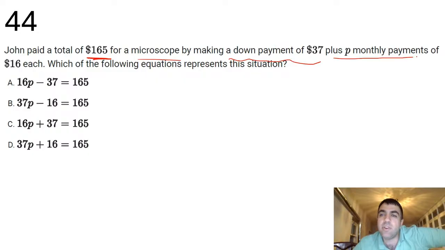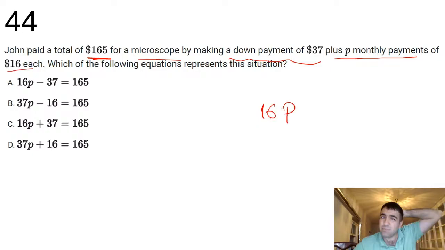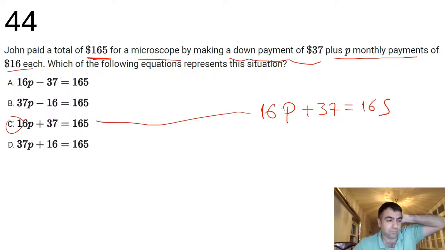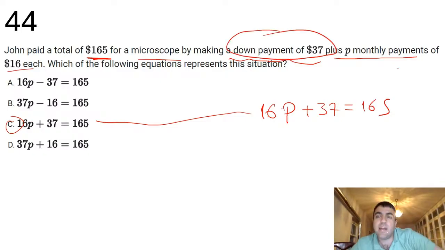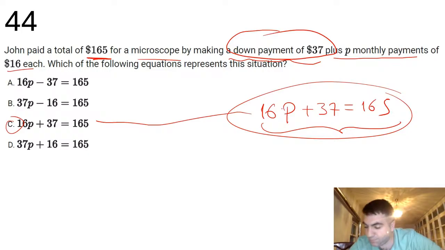Plus P monthly payments of $16. 16 times P plus 37 equal to 165, right? It should be C. It says it is a down payment and P monthly payments of $16 each. The total should equal 165.